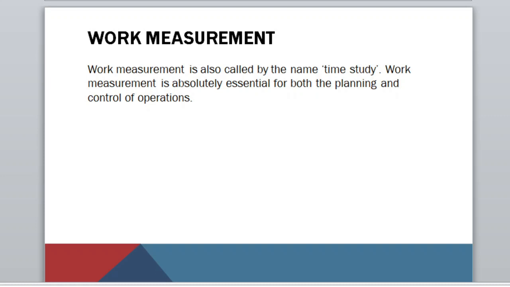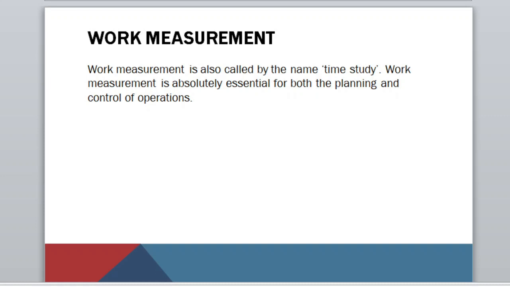So again, without good measurement data, we cannot determine the capacity of the facilities, it is not possible to meet the delivery dates, or we cannot identify the cost. So we are not in the position to determine the rate of production, also the utilization and efficiency.